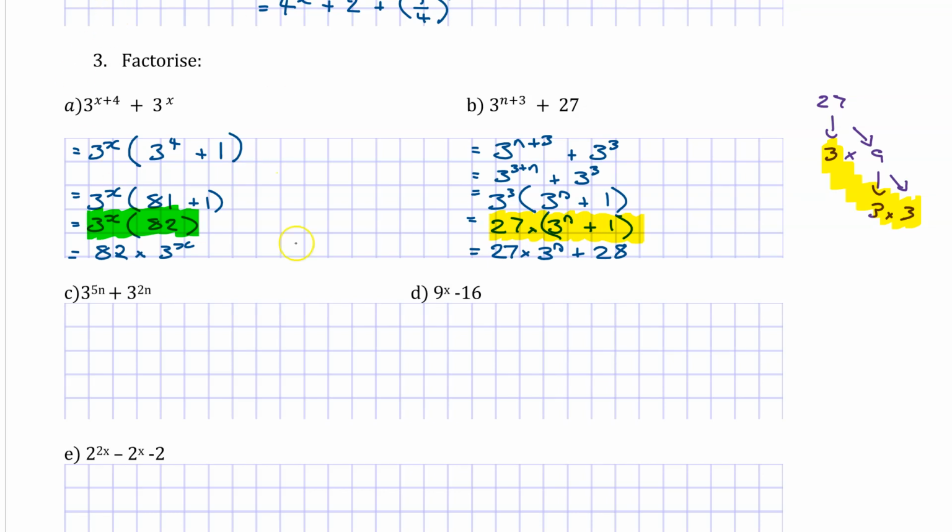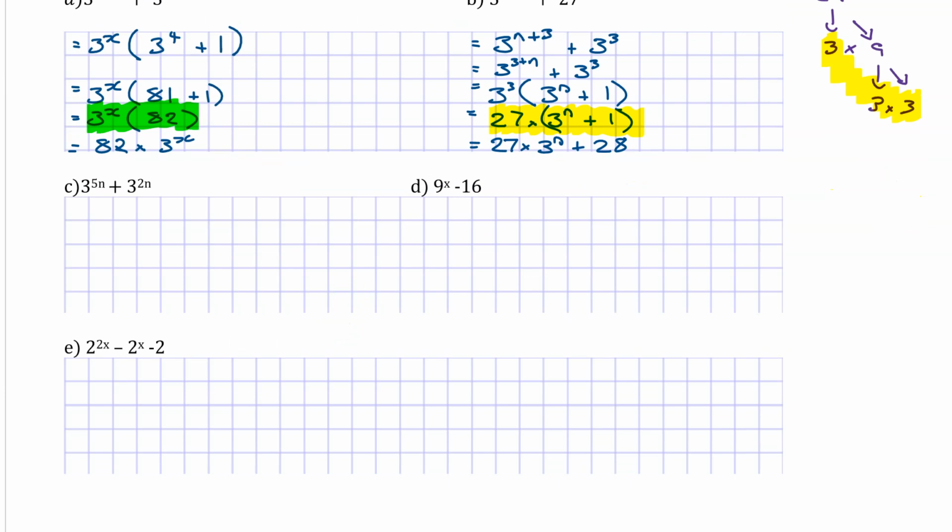Going down to part C, we are posed with something a little bit trickier as well. So we want to factorize this. What we can say is 3 to the 5n plus 3 to the 2n.